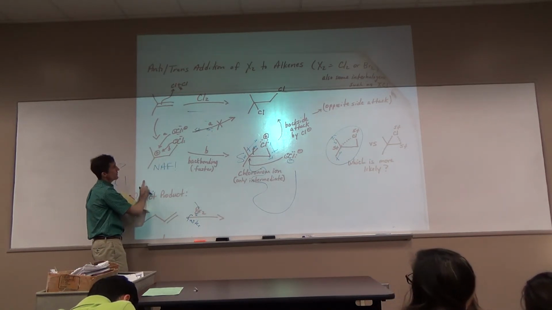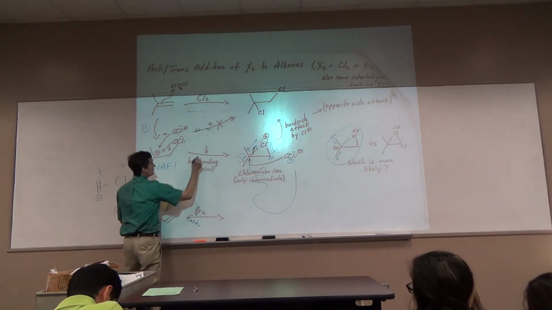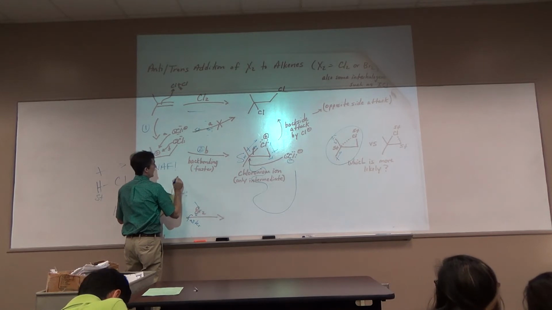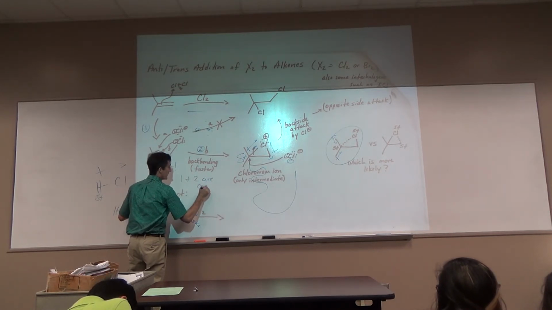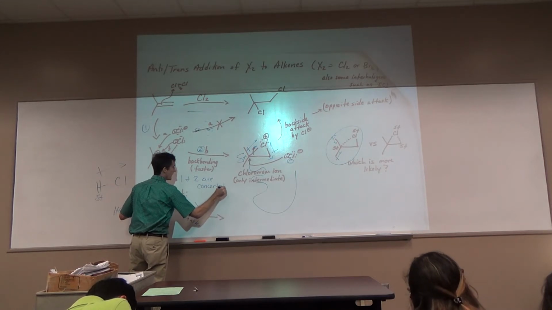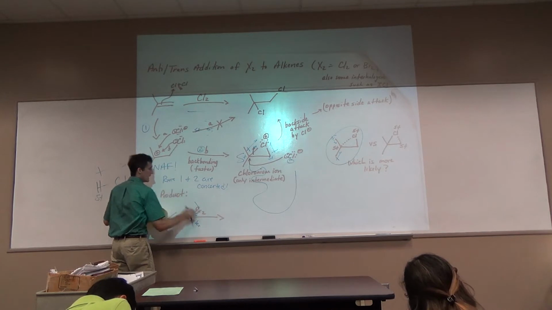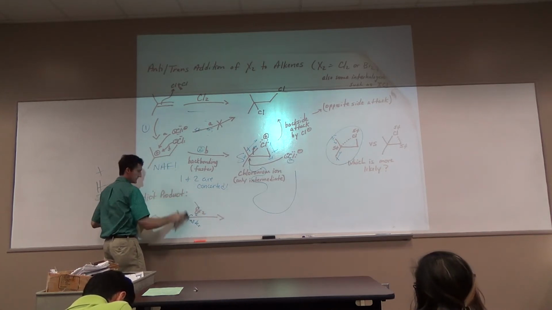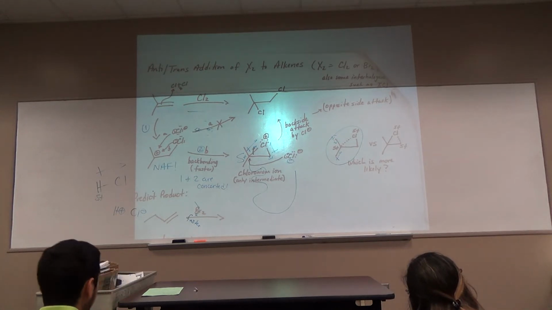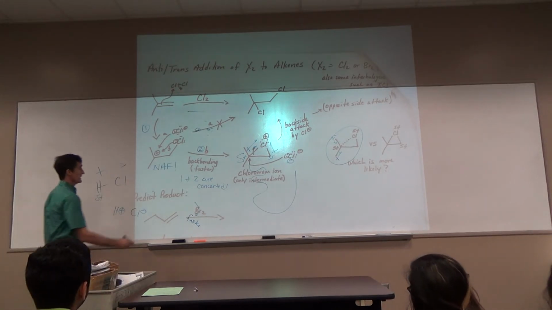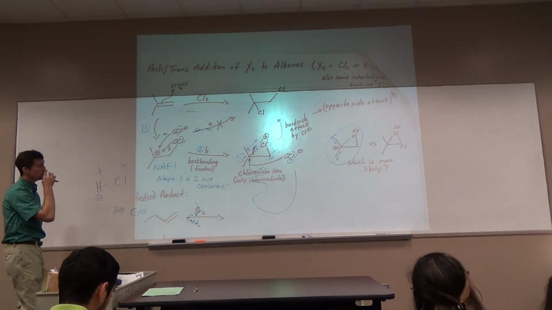Okay, first off, what's going on is 1 and 2 are concerted. I hate to call it reactions because it makes it sound like it's two different reactions. We can maybe call it steps, but that still makes it sound like it's two steps. Steps 1 and 2 are concerted.